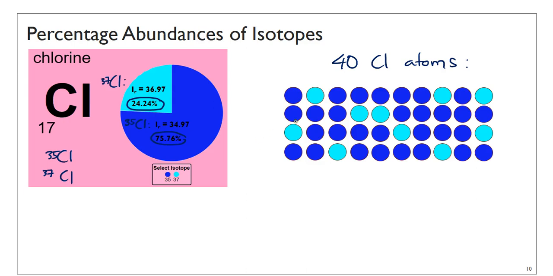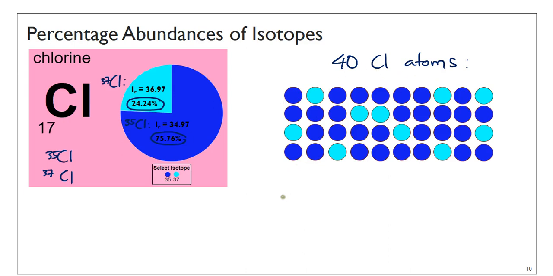So this is what is called the percentage abundance of isotopes, because when an element has more than one isotope, I mean, we don't know why, but the percentage abundances would vary. It doesn't have to be a 50-50 split. In this case, 3/4 is this isotope and a quarter is the other, but you can have other distributions as well. So that's what percentage abundances mean.